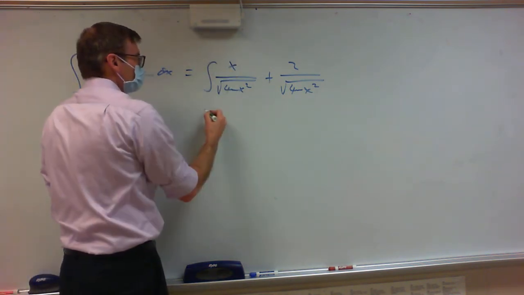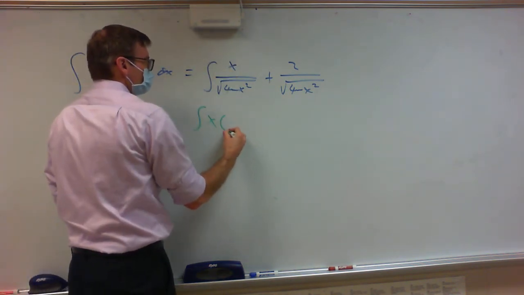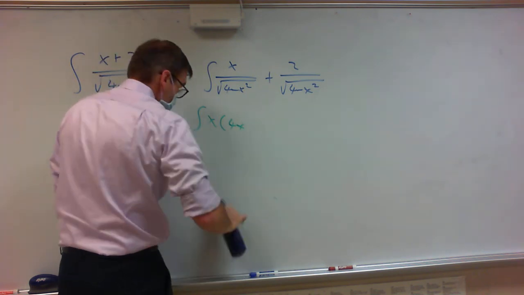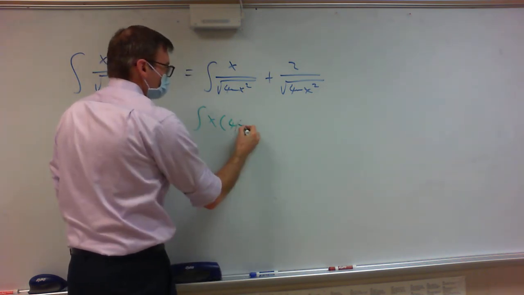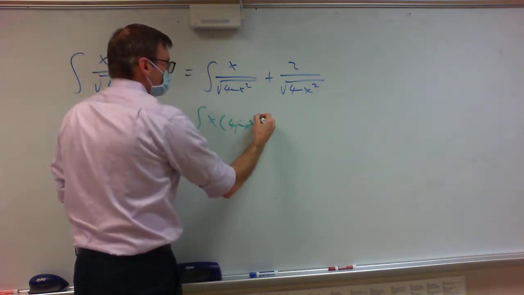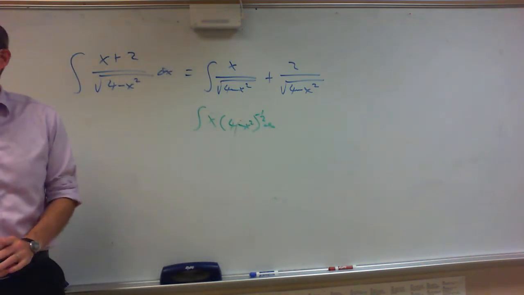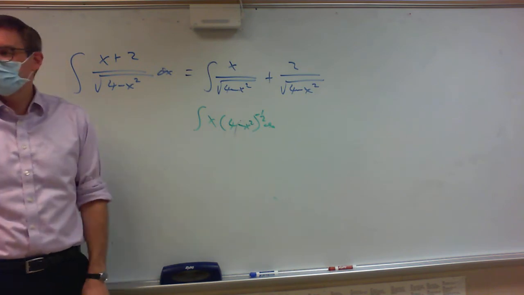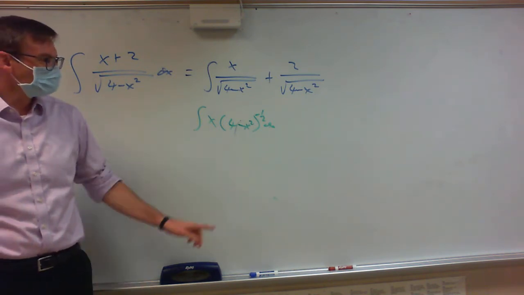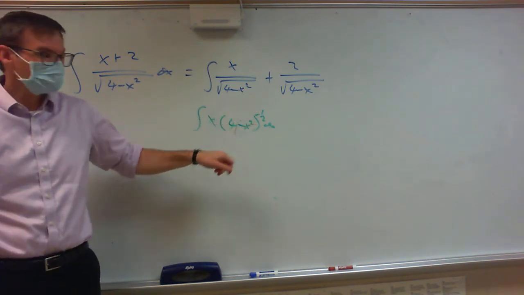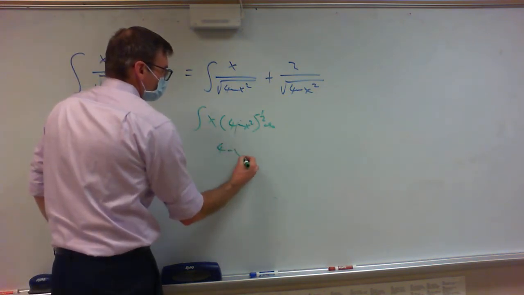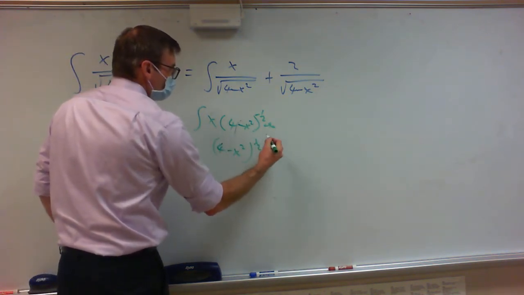If I were to rewrite this and say this is the integral of x times 4 minus... Could you take the integral of that? Yeah. What's your guess? To the 1/2. Okay, it's going to give us 4 minus x squared to the 1/2, right?